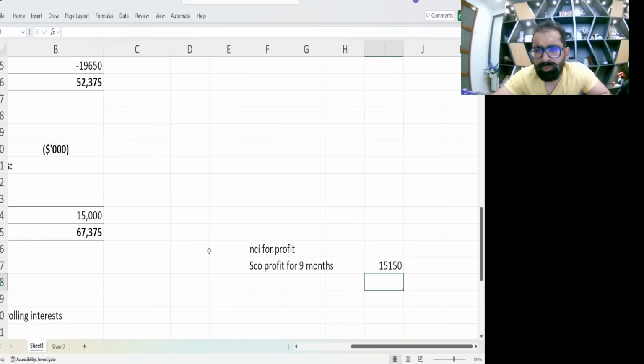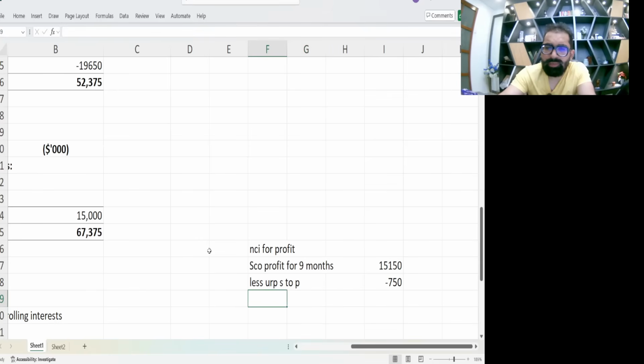Now a few adjustments, less URP, S2P. Remember the S2P sale? How much was the URP? It was 750.